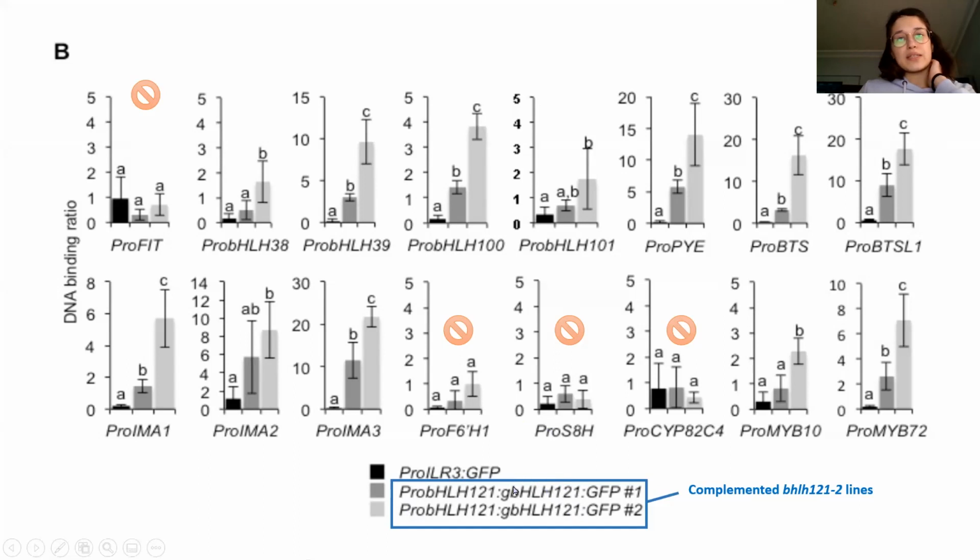And if this BHLH121 transcription factor protein binds to any of these promoter regions, with qPCR we can amplify them and find if there is binding of BHLH121 to any of these genes or not. And in the end, they saw that BHLH121 does not bind to FIT, F6H1, S8H, or CYP82C4. But other than these four, BHLH121 is able to bind all of these promoter regions of those genes.